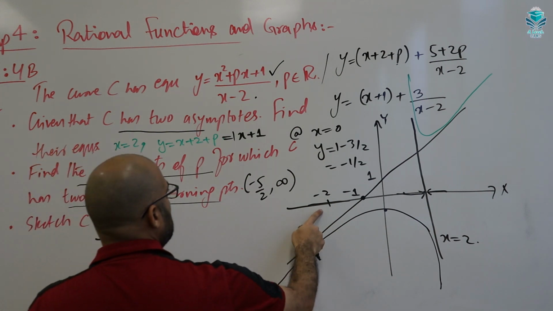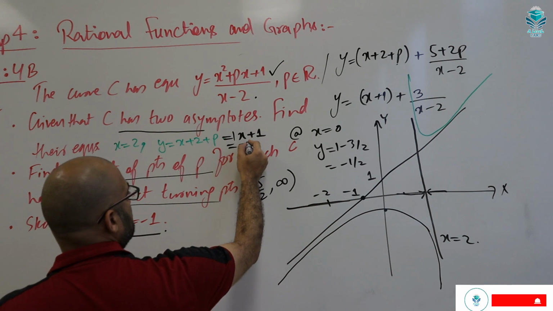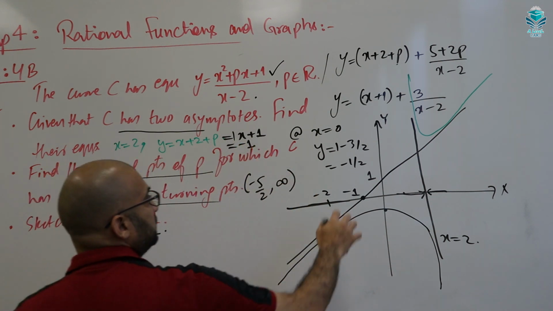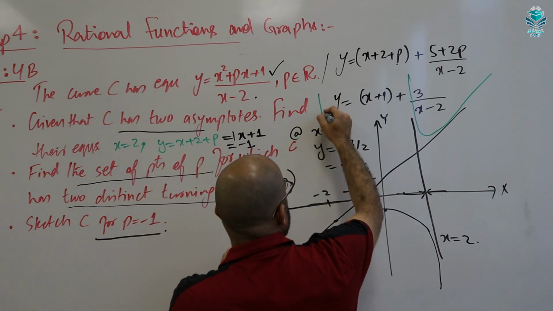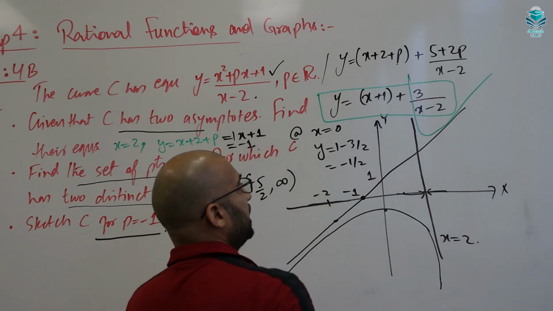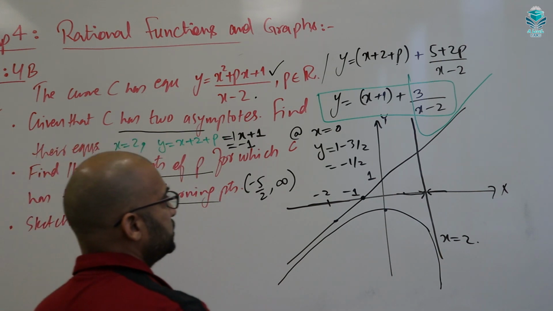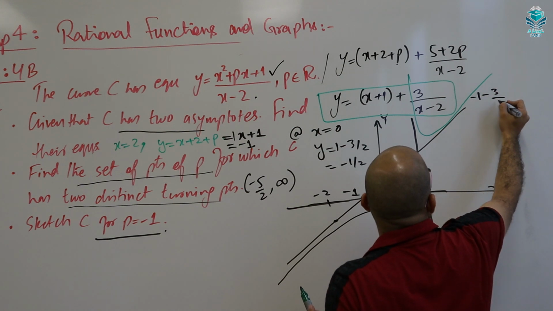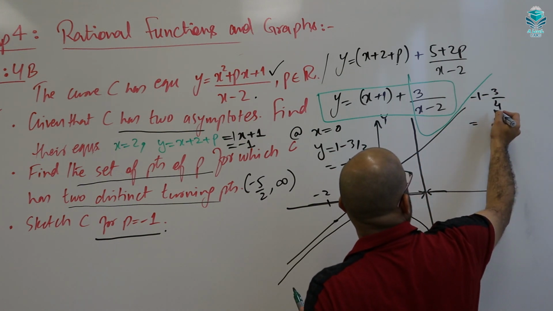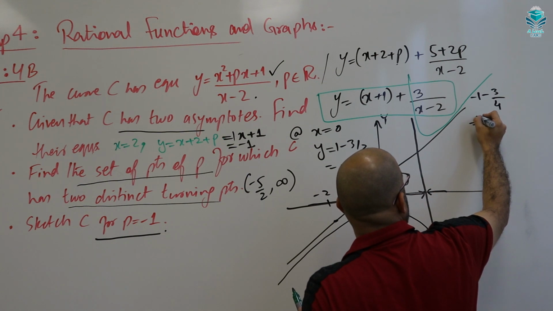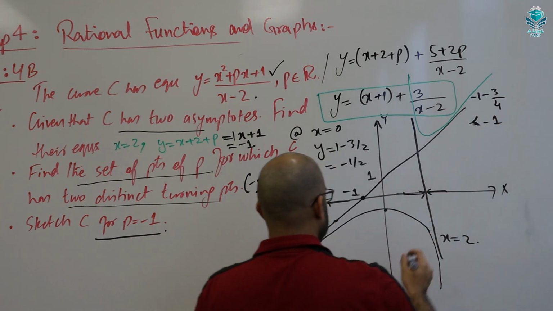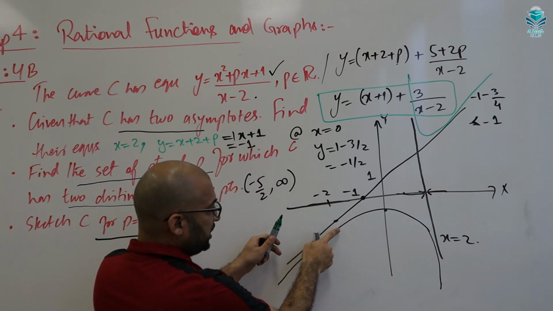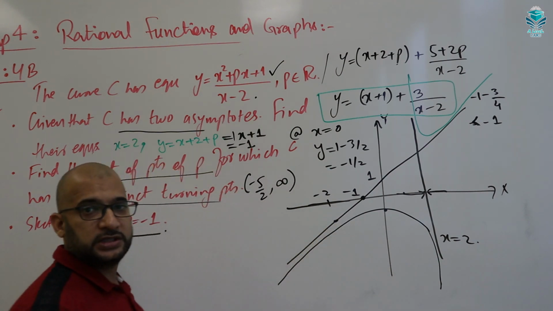We can check at minus 2 the value of the asymptote is minus 1, and the value of the curve at x equal to minus 2 is minus 1 minus 3/4, which is less than minus 1. Understand? So the curve is lying below the asymptote, because its value is less, so our sketch is excellent.